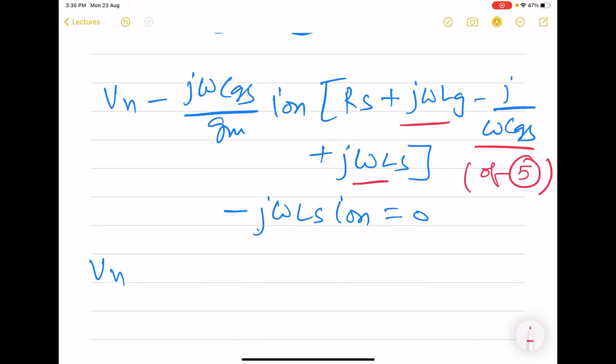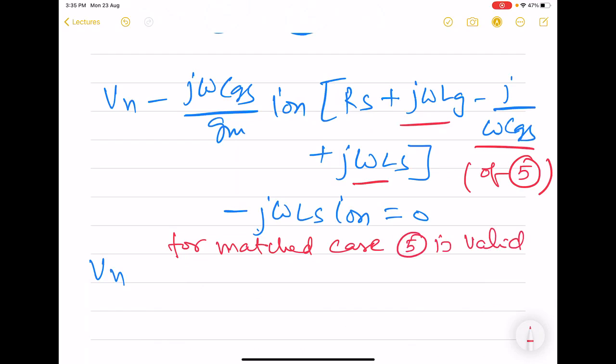The sum of all these three terms is going to be 0. For the matched case, this 5 is valid. That means these terms added together are going to be 0.